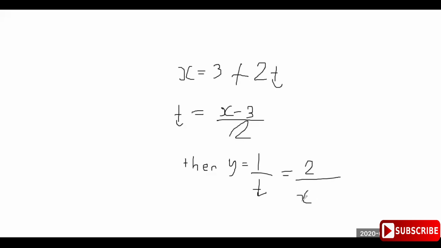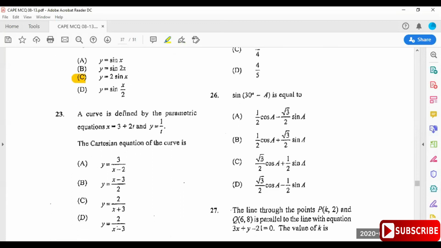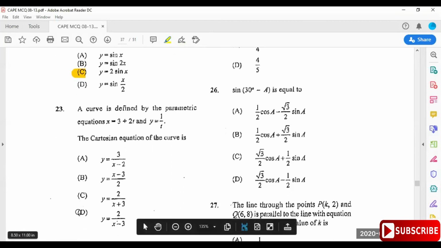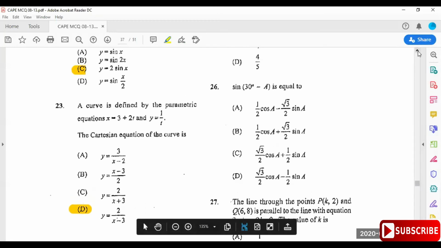Very good. So y is equal to 2 over x minus 3. Right, easy.